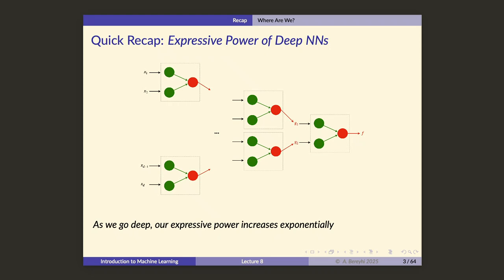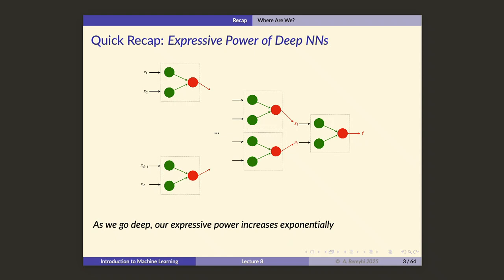It is not feasible. But deep neural networks had this key property that when we go deep, we significantly reduce the number of neurons that we need. So now if I go as deep as the logarithm of the number of inputs, how does the total number of neurons scale? Log d is the number of layers, right? But forget about it.